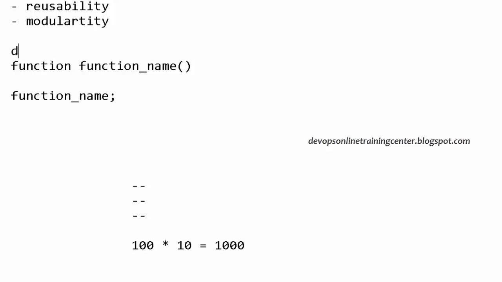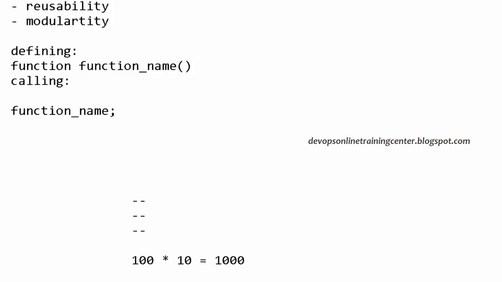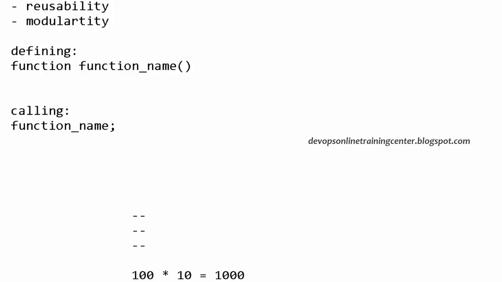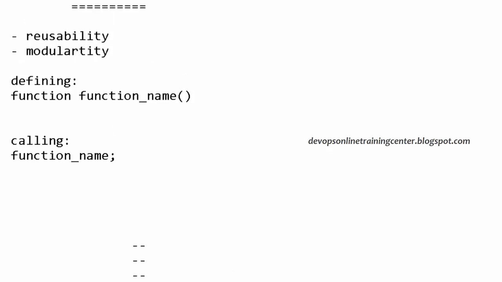So this is for defining, and this is for calling. We define the function here and we call the function multiple times. The definition, the declaration, is here, so we can call that multiple times from different places inside a script.